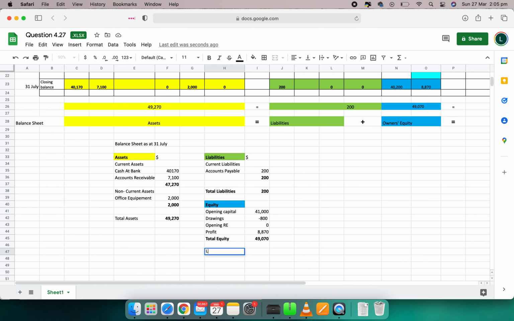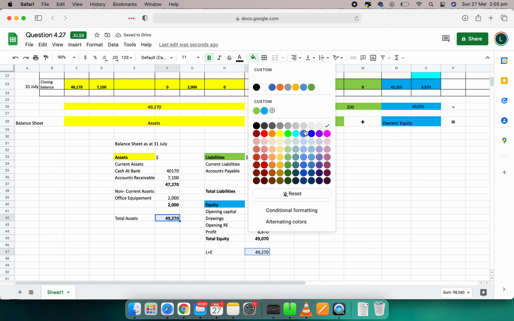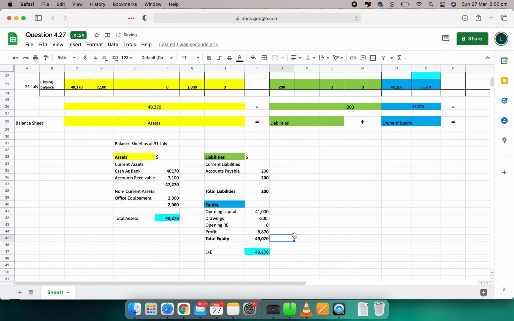So liabilities plus equity equals, oh, what have I done there? $200 plus, oh geez, hang on, which equals 200 plus our equity of 49,000. Do these two equal? Yeah, they do. We've reconciled. Okay. So that is our balance sheet.